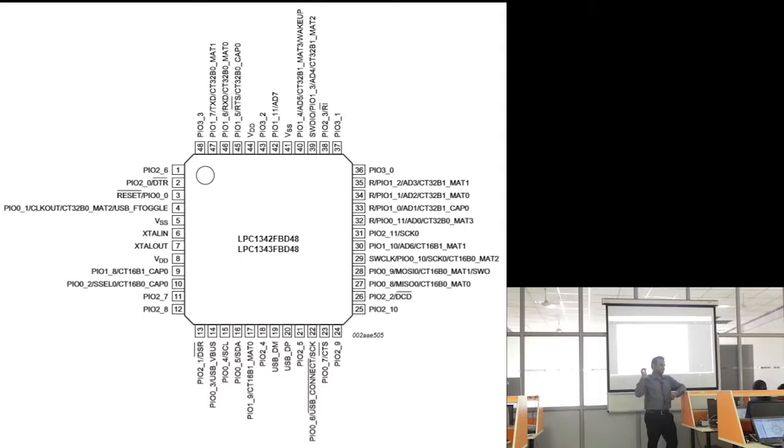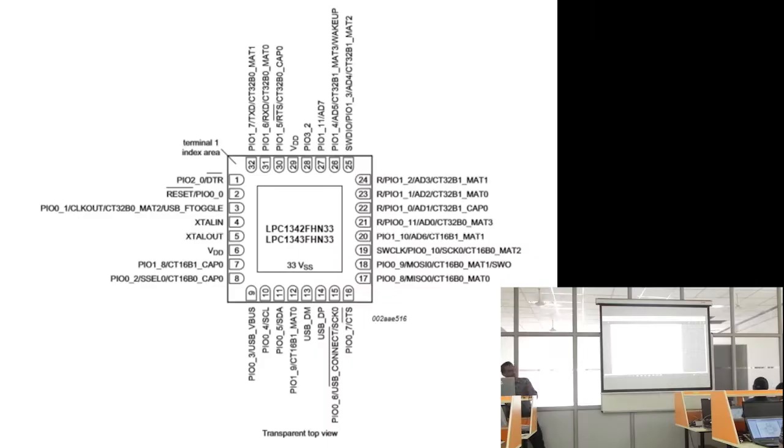This is a QFP package. It's quad flat package with pins. Those of you who have the boards can see the pins are outside the microcontroller, correct? And it has an equal number of pins on all four sides. That is the quad flat package with pins. If you scroll down, this is another kind of package.